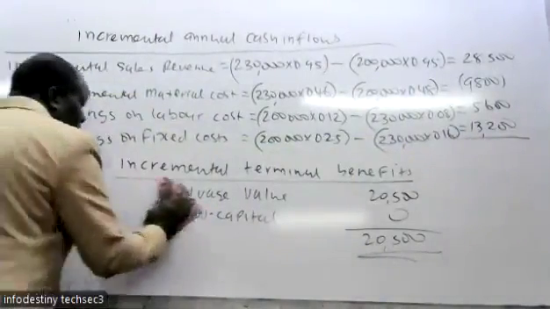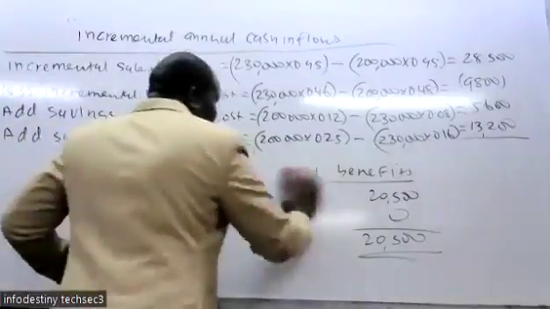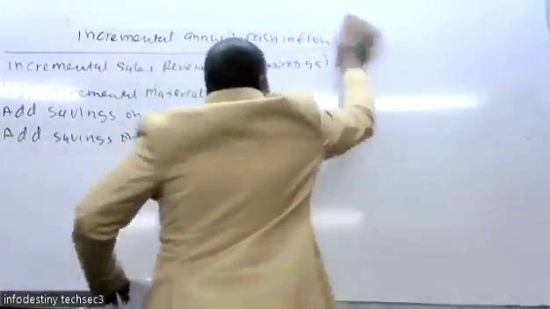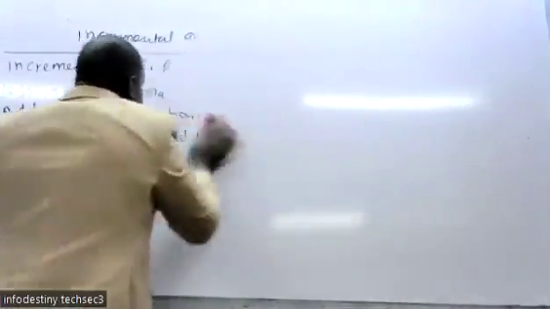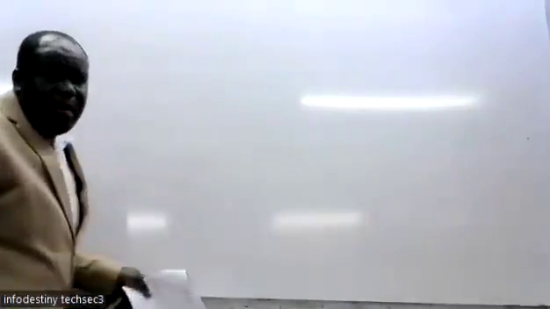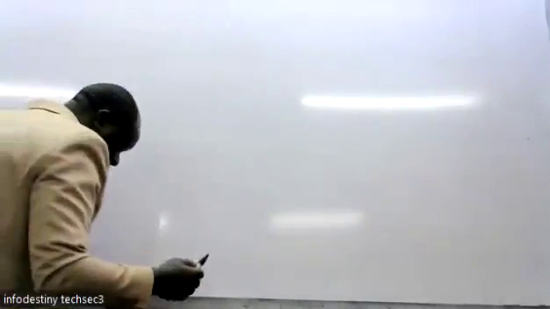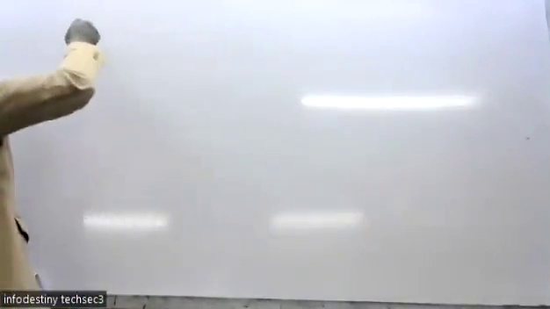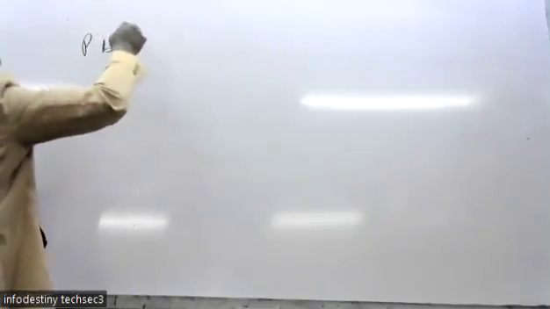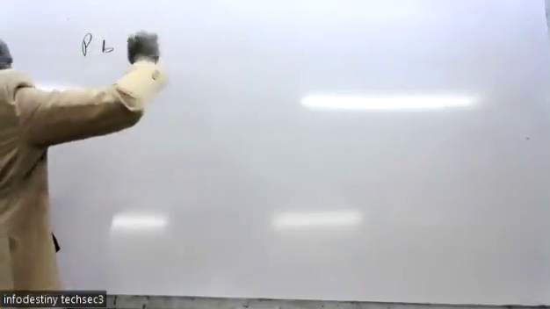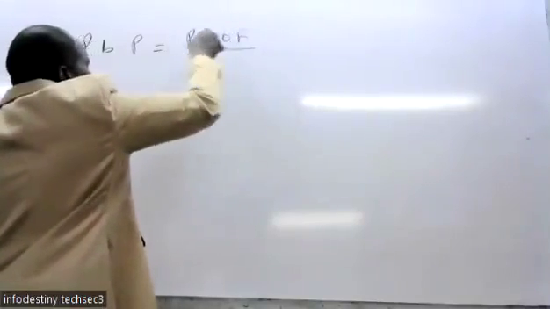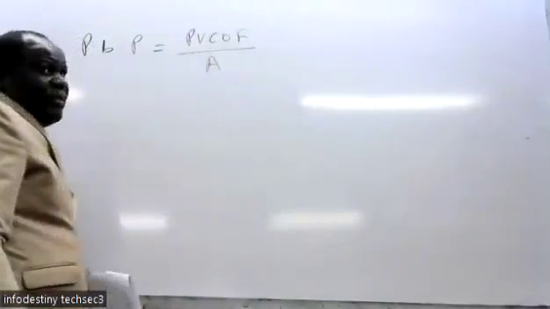To compute it when the cash flows are the same, we simply take the present value of the cash outflow and divide by the annuity.